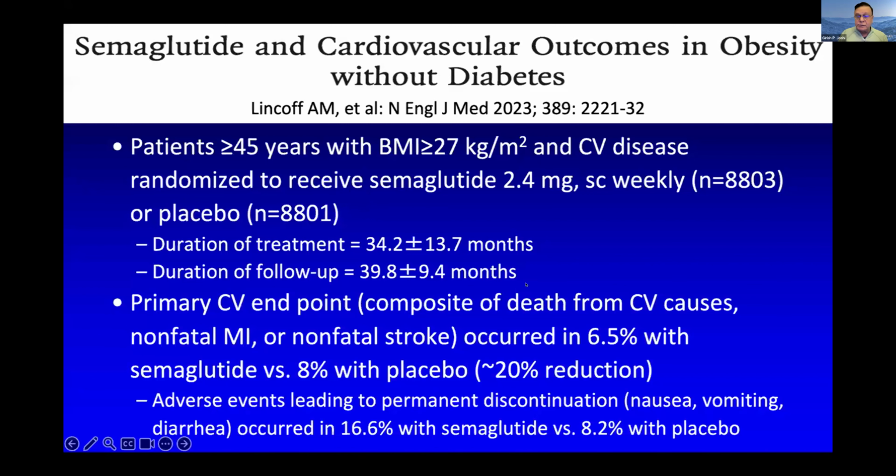This study, which is more than 8,000 patients, almost 9,000 patients, a long duration study, also reported incidence of nausea, vomiting, diarrhea in about 16% of patients using semaglutide.